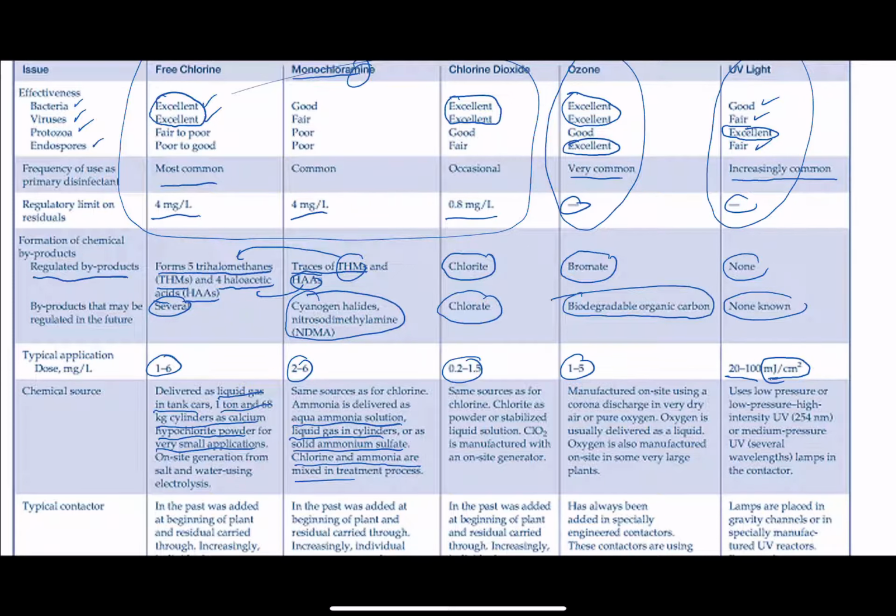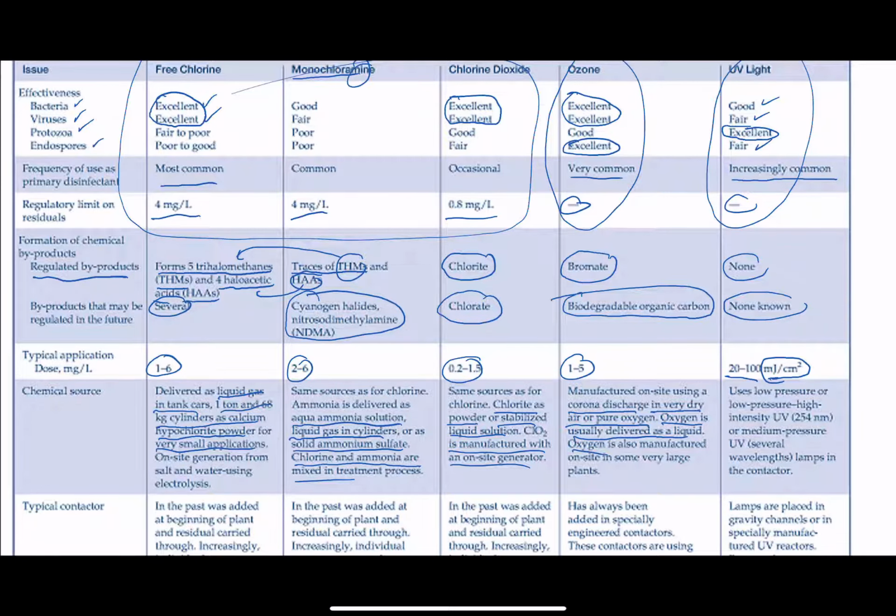How could you create chlorine dioxide? Same source as chlorine, but chlorite as powder or stabilized liquid solution. ClO2 is manufactured with an on-site generator. Ozone is manufactured on-site using a corona discharge in very dry air or pure oxygen. Oxygen is usually delivered as a liquid.